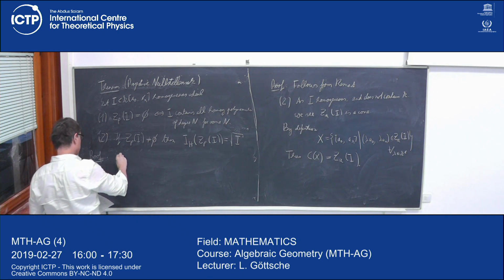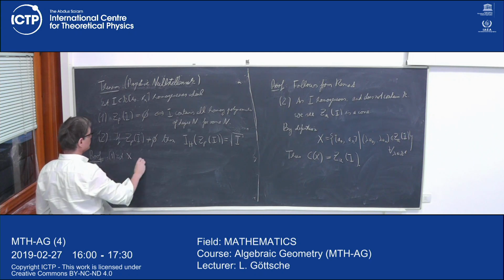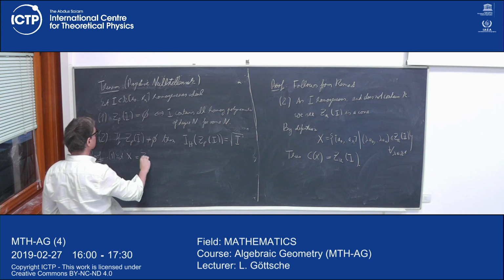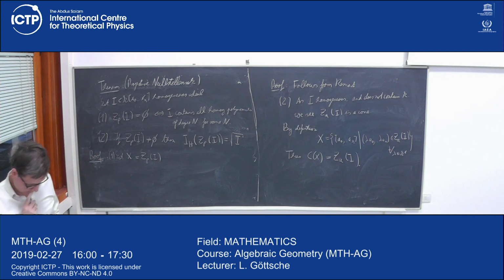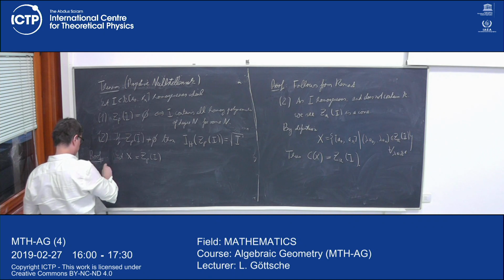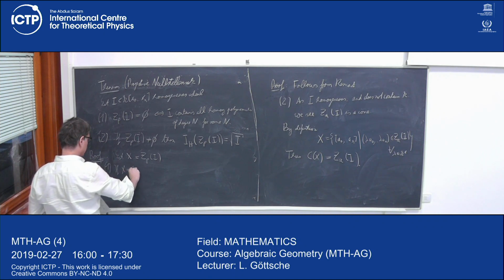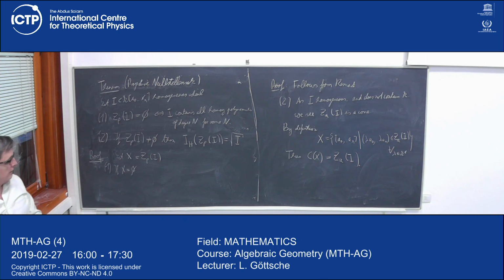So we take X to be the zero set of this ideal. And so if now X is the empty set, we always have to relate to the cone of this thing.